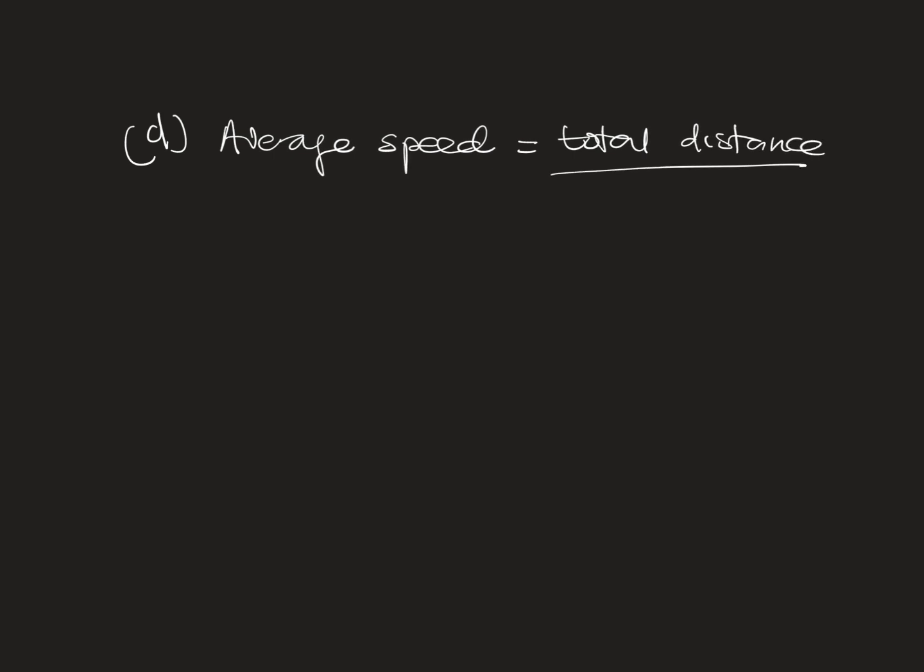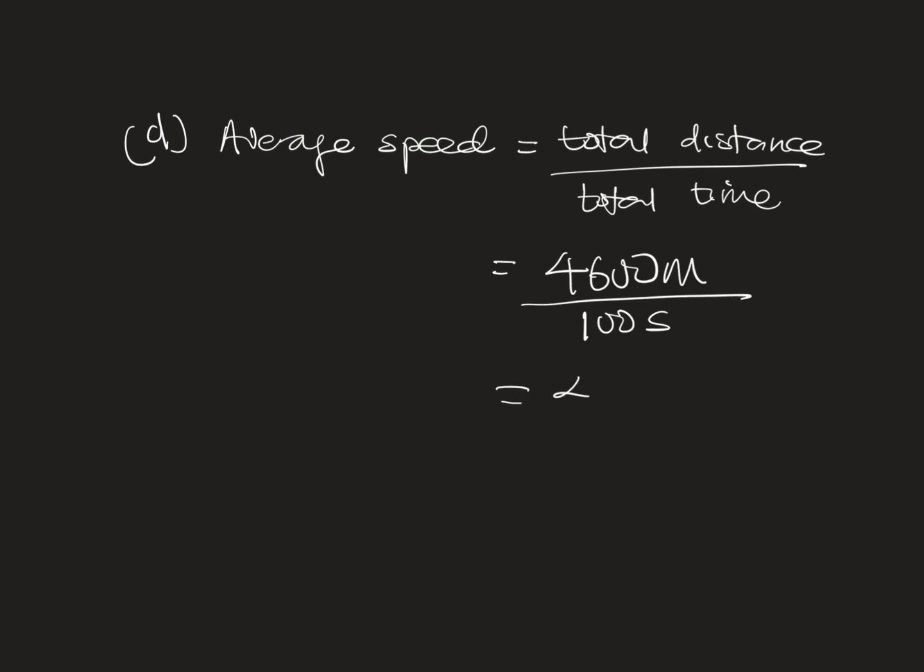The average speed is equal to total distance divided by the total time. And what was the total distance? 4,600 meters. Total time traveled was 100 seconds. So that will give us 46 meters per second, right?